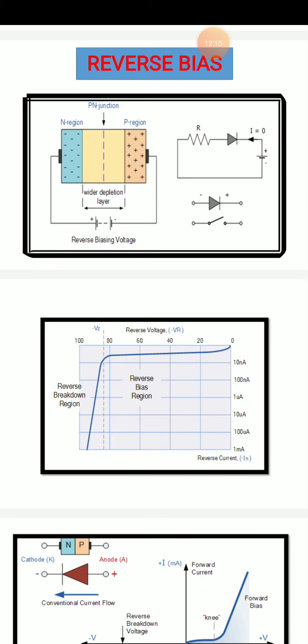The holes and electrons will not translate very easily when we give this bias, so they form a wider depletion layer. You can see between the N region and P region a wider layer has been formed, through the circuit here.